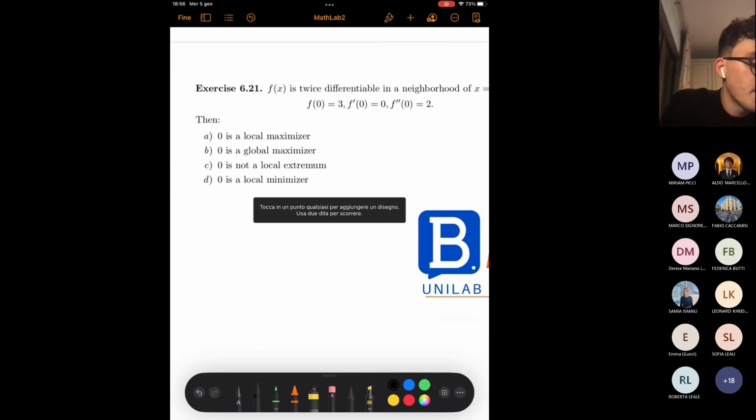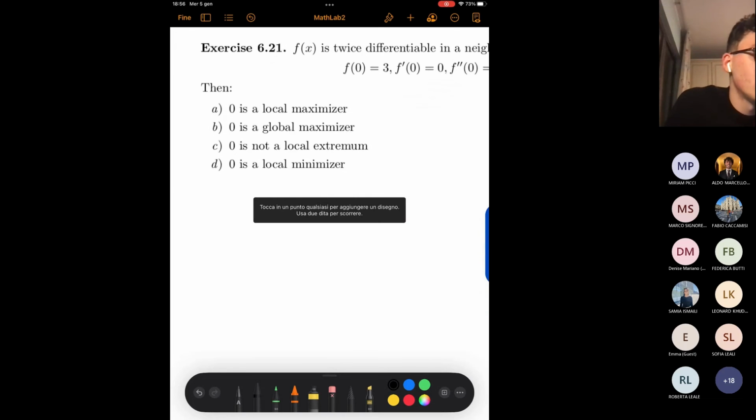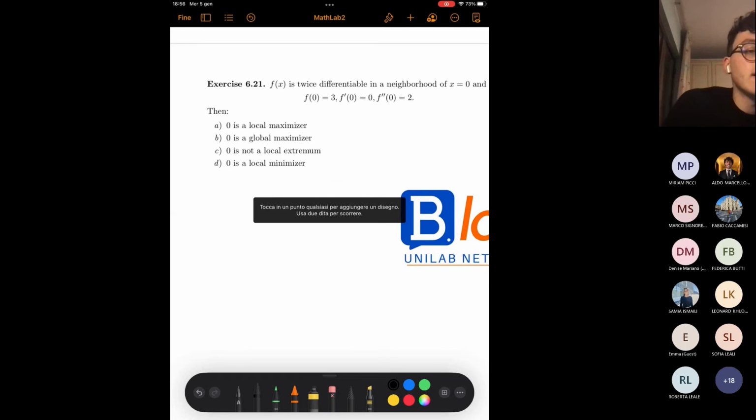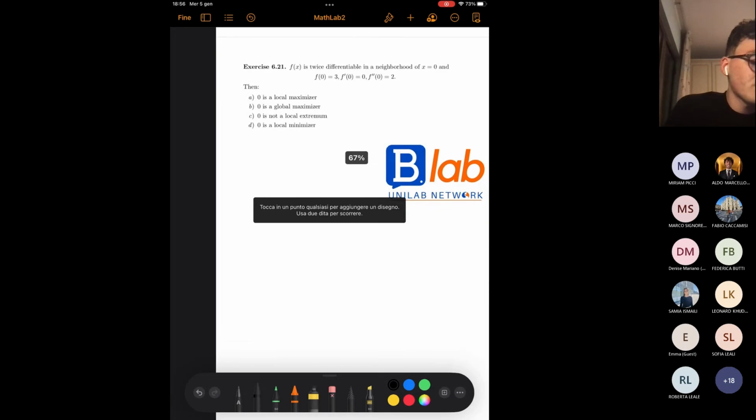No, it can't. A global maximizer? No, because it can't be a maximizer at all. A local extremum? No. So the only option left, which is also the option we talked about before, is the fourth option: 0 is a local minimizer for the function at that specific point.